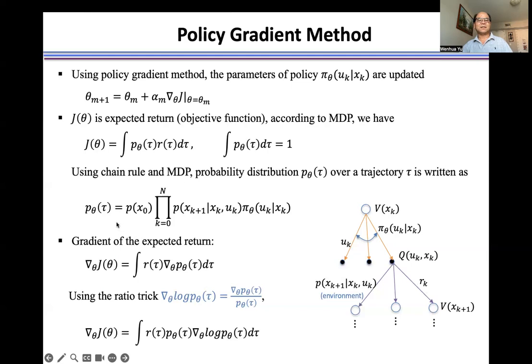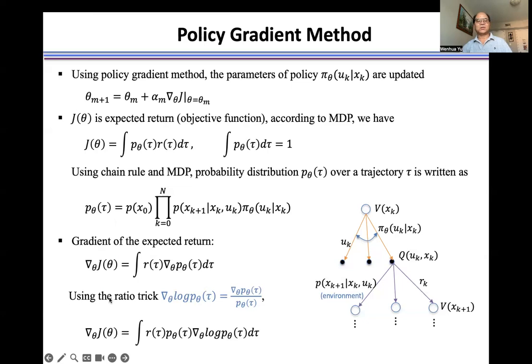Once we have this objective function, then we can calculate the gradient of the expected objective function. We got this one because our reward is not a function of the policy parameter theta, so we can move out the operator.